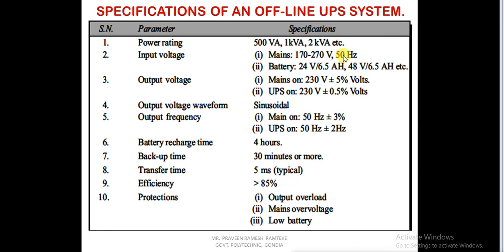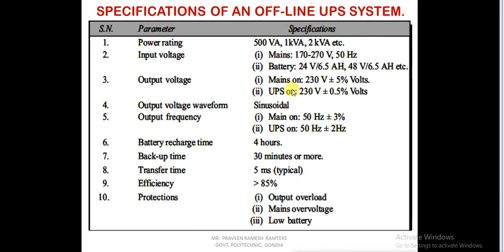Battery voltage depends on what rating of battery you are using. You can use 12 volt batteries and connect two of them to obtain 24 volts, 6.5 ampere hour, or you can use 48 volts, 6.5 ampere hour.